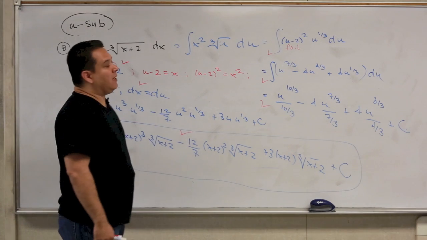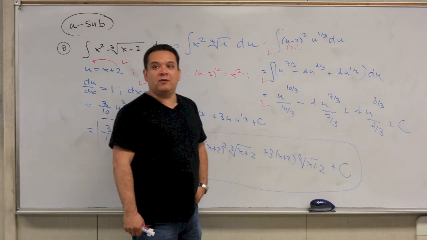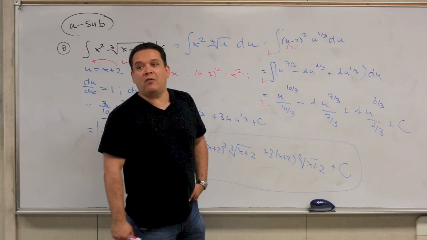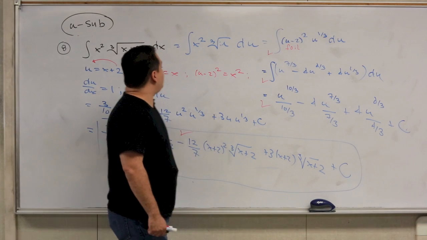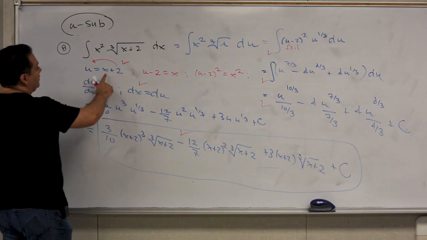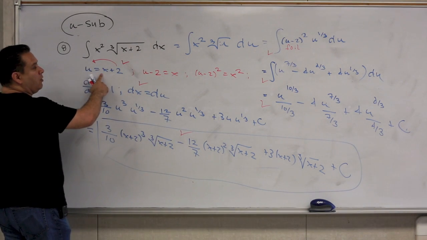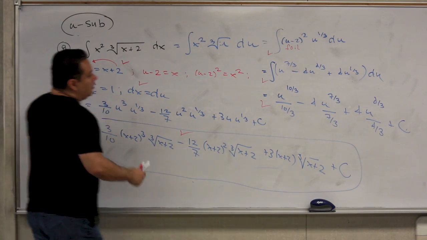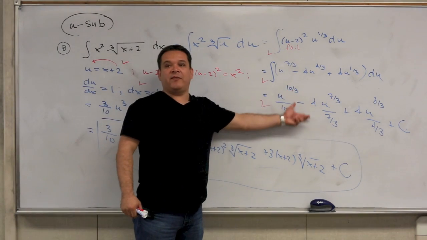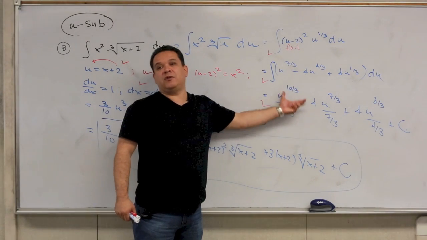Maybe not. Sometimes you get lucky because they choose nice, beautiful limit values, like 0 and 1. If this is 0, u will be 2. If 1, u will be 3. So you might have some simplification definitely to do, even if it's in terms of u.